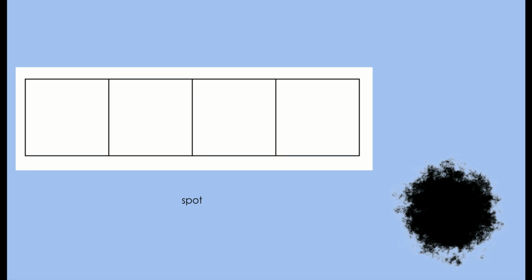Now let's practice breaking words apart into their sounds using the sound boxes. The first word that we're going to break apart is the word spot. Ready? Spot. The next word, kites.